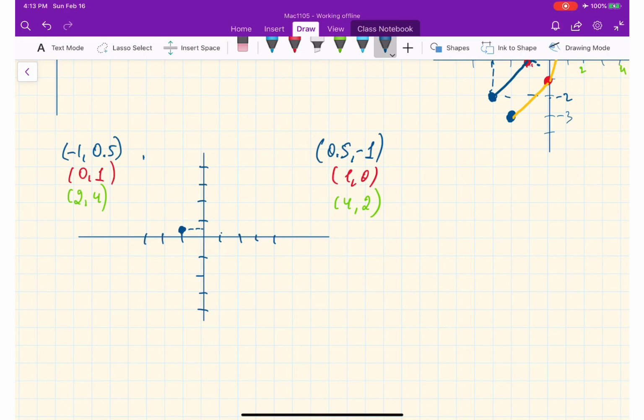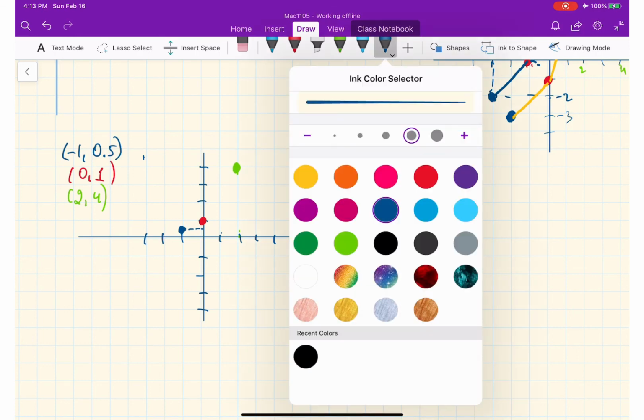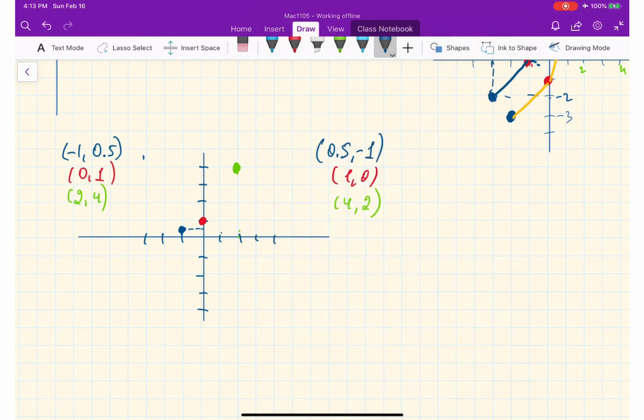Okay, the red one is going to be 0 and 1. It's right here. And 2 and 4, this is +2, it's going to come right here. So this is how our graph is going to look like.